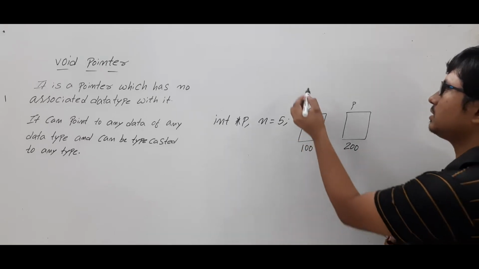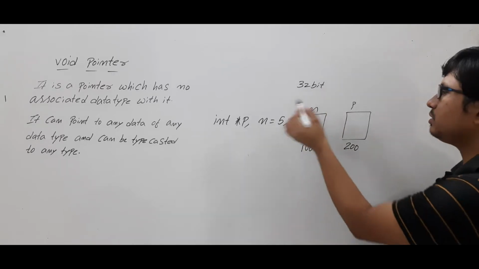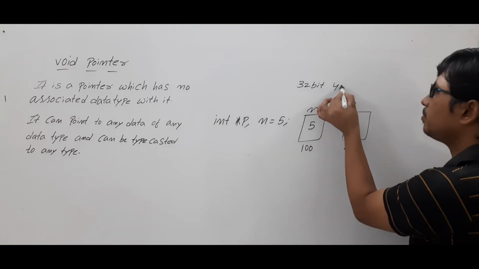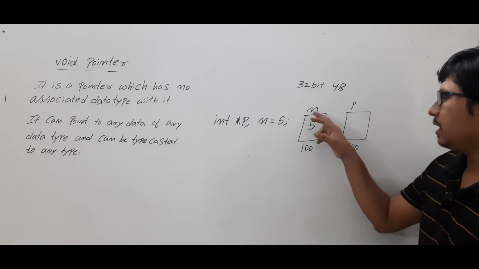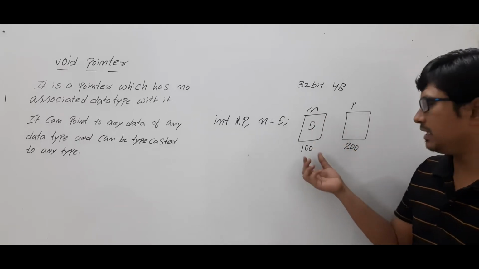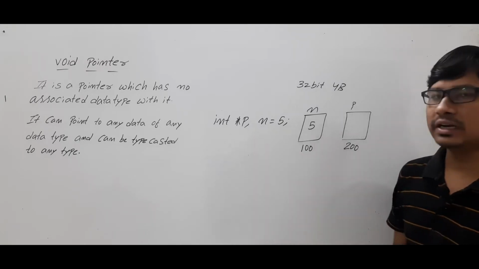Let's assume that you are running this program on a 32-bit compiler. You know that in a 32-bit compiler, the integer variable will occupy 4 bytes of memory. So, this variable n will be there in the bytes of 100 to 103, but however we will specify the starting byte only.